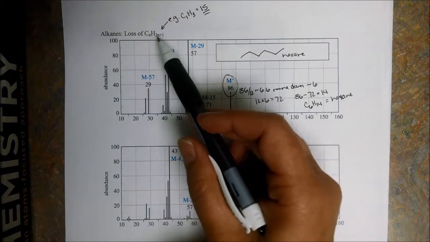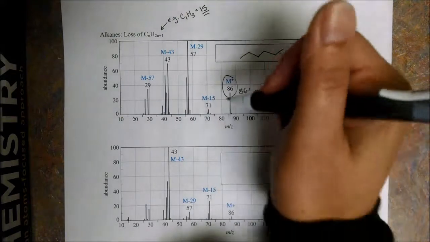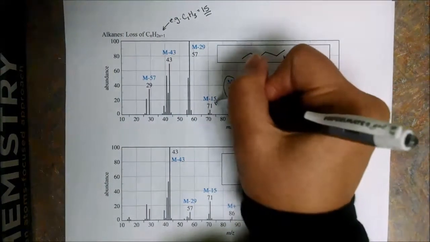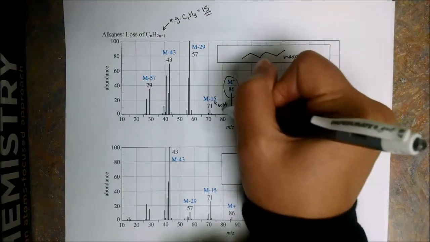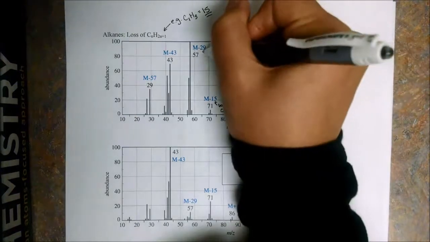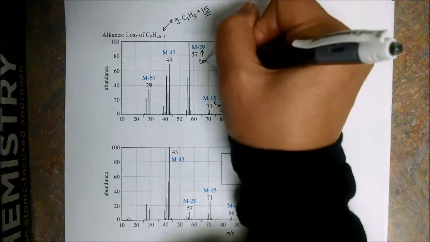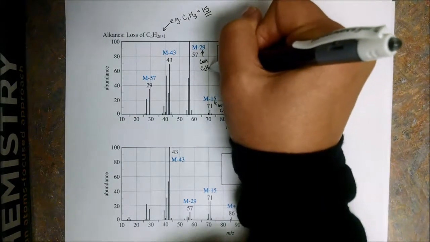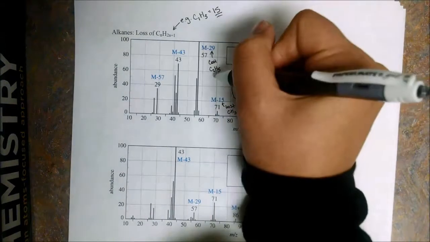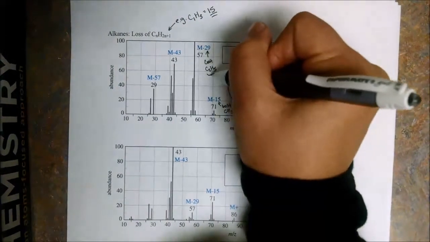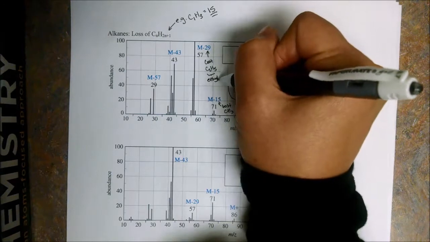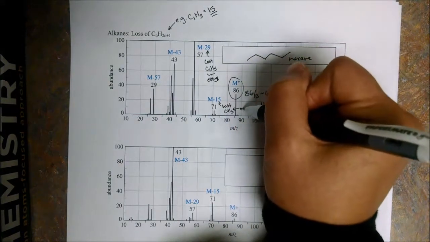If this is 2, C2H5. So here we lost CH3. Here we're losing C2H5, which is also an ethyl group. Ethyl. Over here is methyl.